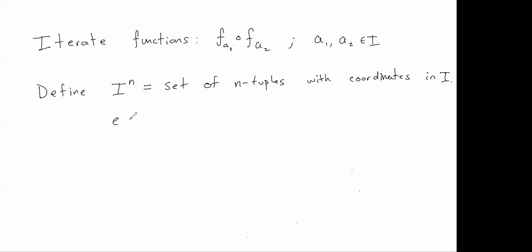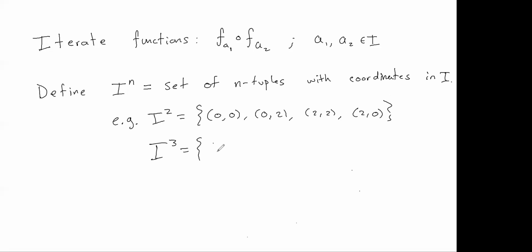So for example, I2 will be the set of all pairs (0, 0), (0, 2), (2, 2), (2, 0). And then I3 is all the triples (a1, a2, a3) such that a1, a2, and a3 are any elements in I.